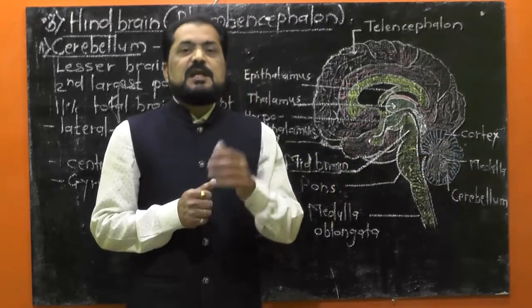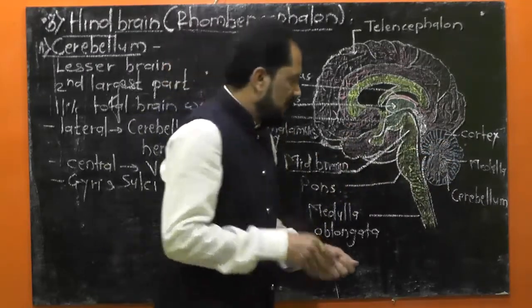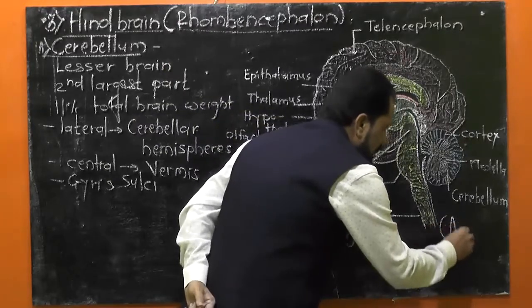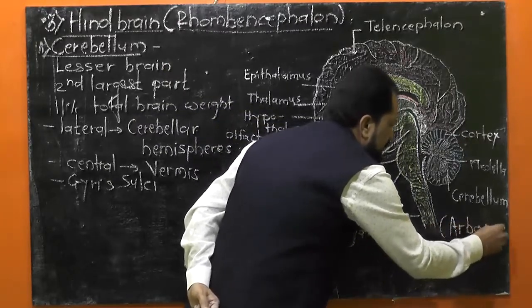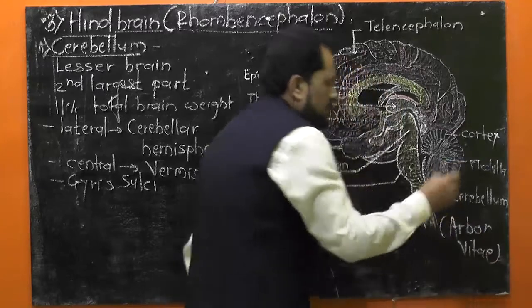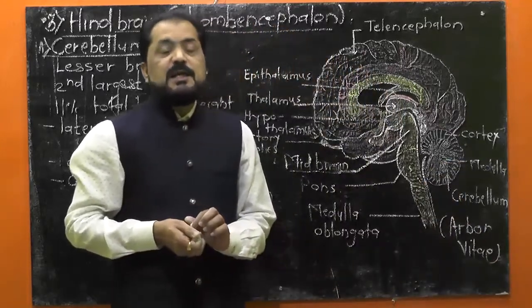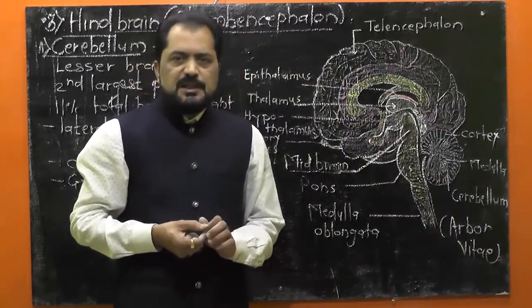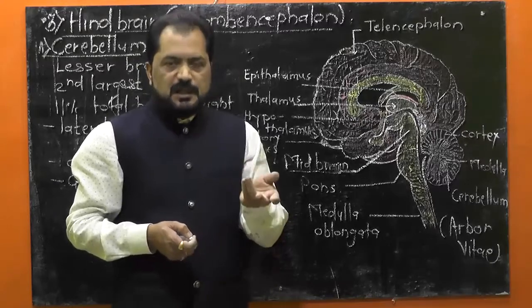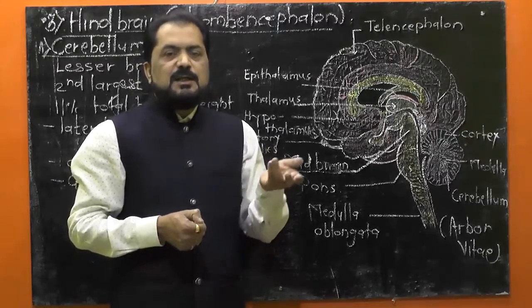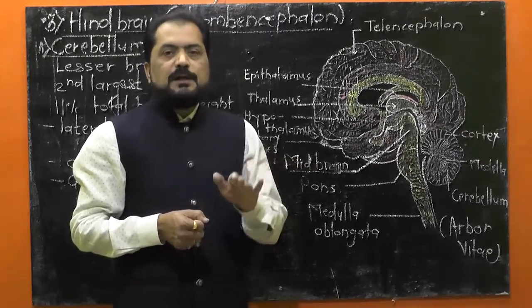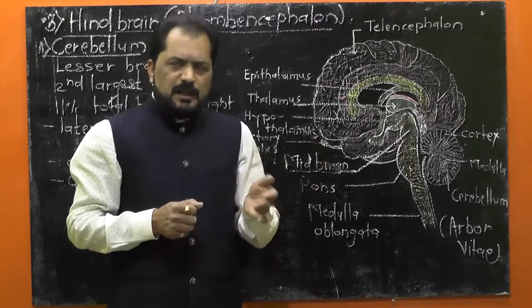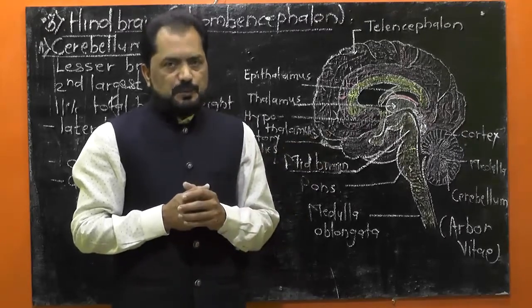It gives tree-like appearance and that's why it may be known as arbor vitae. Here arbor stands for tree-like appearance, and vitae stands for vital, means it is highly important, highly vital in its nature. Why? I will tell you just after a few minutes.